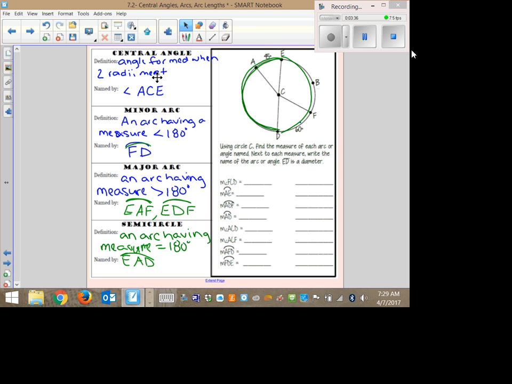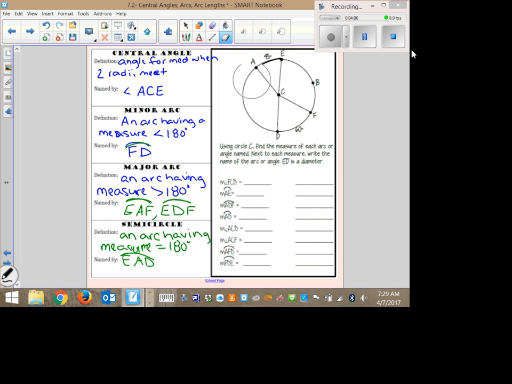Alright, let's look at the problem here. Using circle C, we want to find the measure of each arc or angle named, and then write next to each what type of angle or arc it is. We note that ED is a diameter, so going around this direction is a half circle, which has to be 180 degrees.